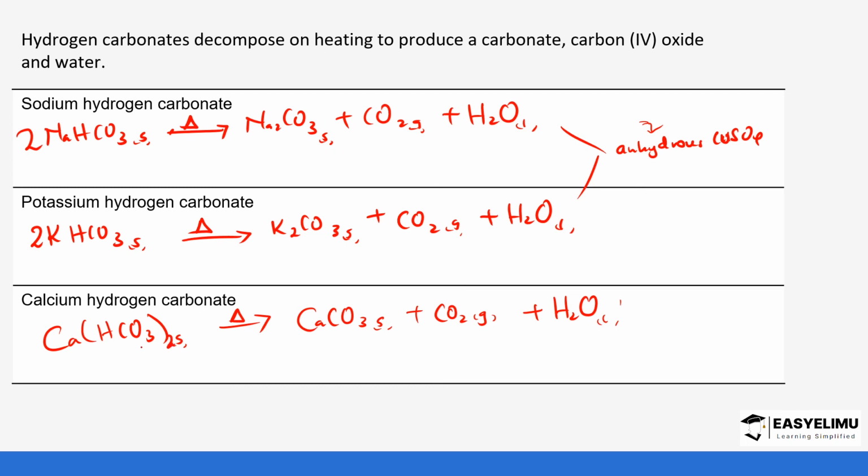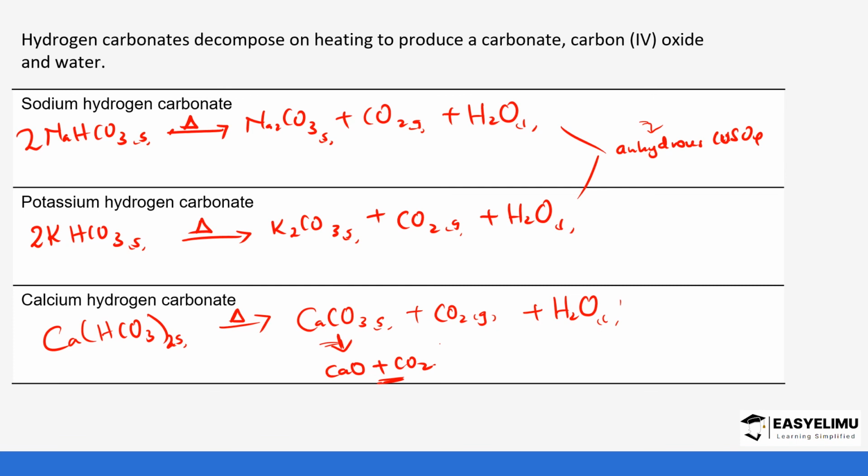We have 6 oxygens and 6 oxygens this side. So when you continue heating this calcium hydrogen carbonate, you are going to decompose calcium carbonate further into calcium oxide and carbon dioxide. More carbon dioxide is going to be given off. So it decomposes further, unlike sodium hydrogen carbonate and potassium hydrogen carbonate, which do not decompose further.